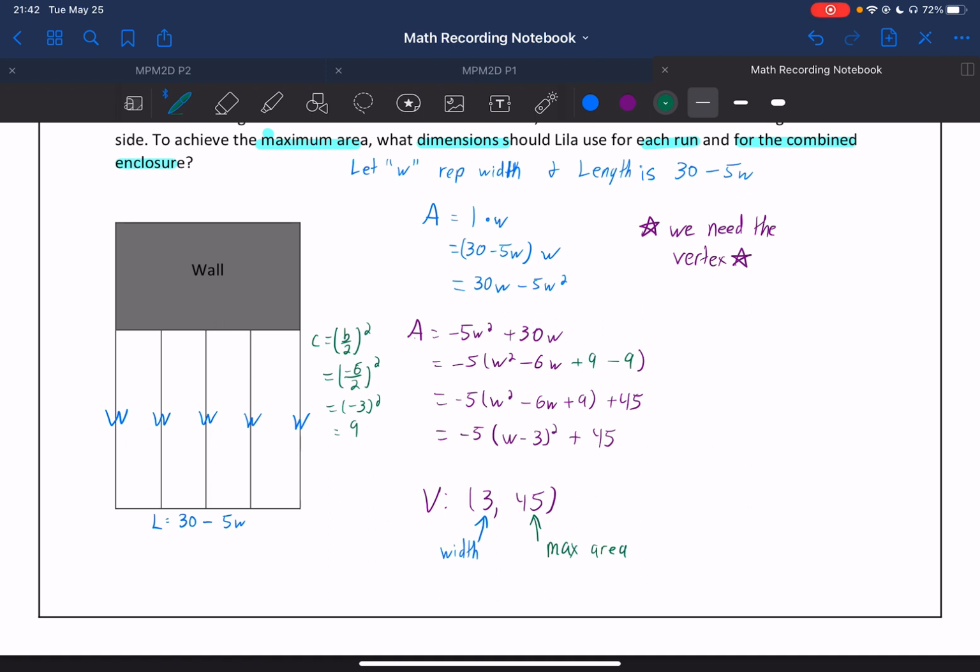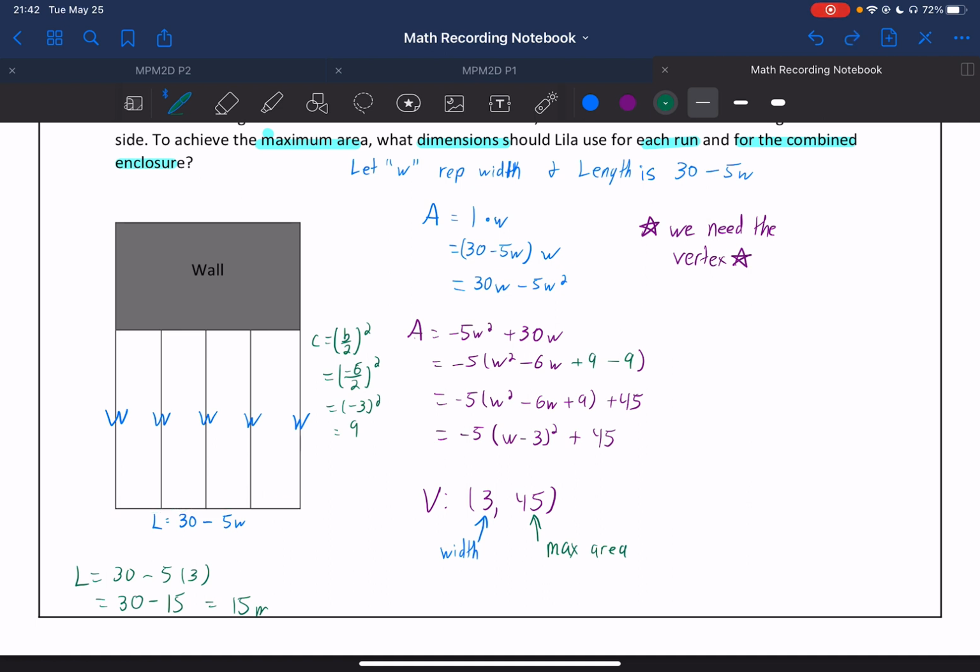So our length is equal to 30 minus 5 bracket 3. 30 minus 5 times 3 gives us 30 minus 15, and that's going to equal 15. Meaning this entire length here is 15.